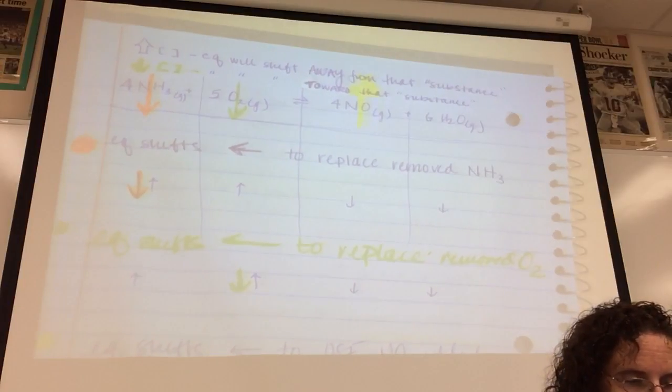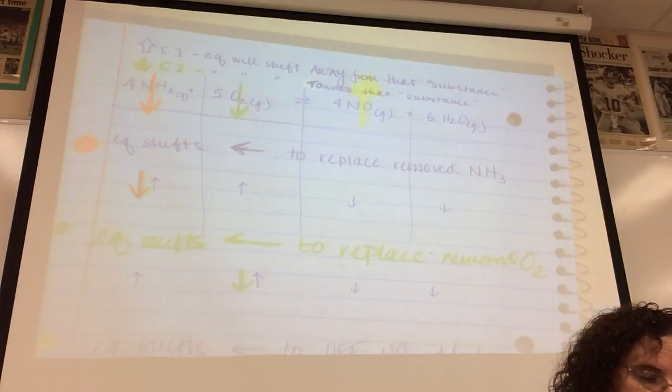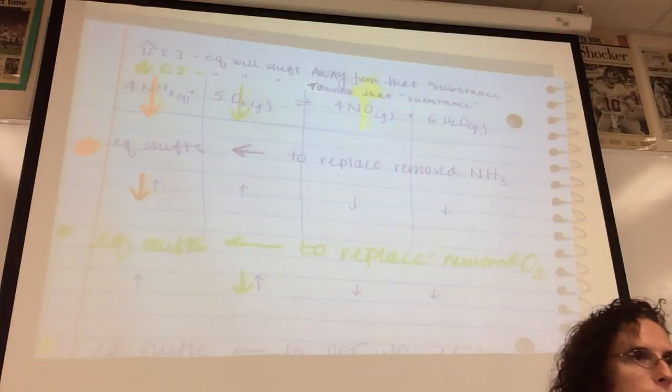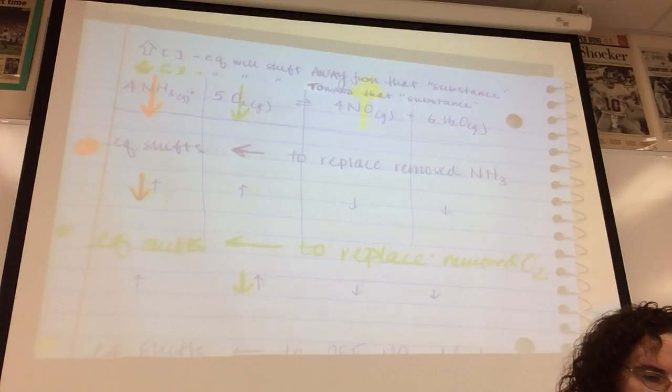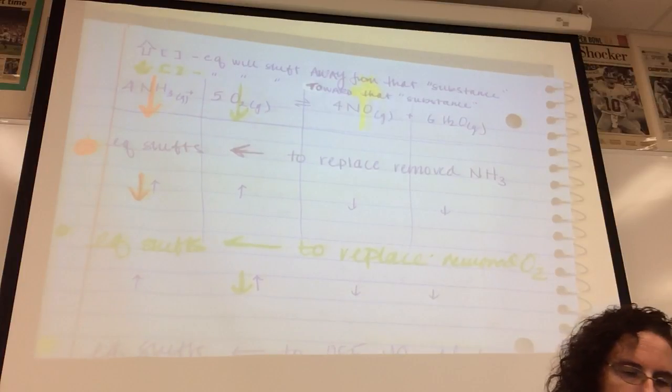Sorry, Miss Detman, I apologize. All right? When you shift to the left, you initially increase this, and then what happens to the product amounts? They're going to decrease, and these will increase. All right?